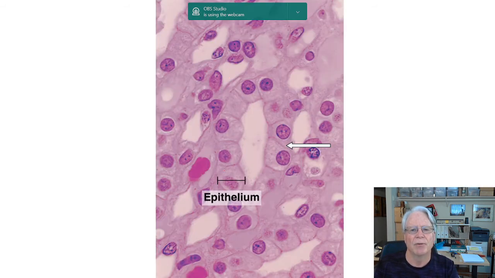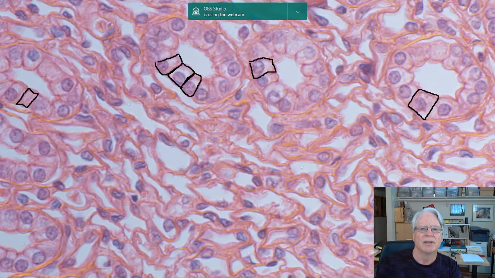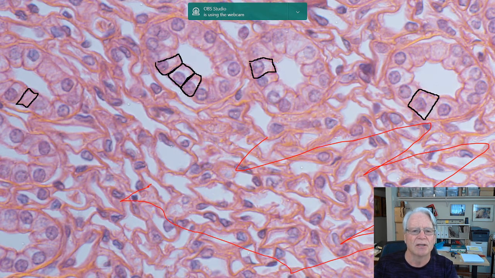So here we go. There it is, the epithelial cells. There is the connection between, or the wall between, I shouldn't say wall, but the membrane that separates one cell from another. And here I did a little bit better job in drawing these black lines this time. Again, cuboidal shaped cells. So all of this you don't have to worry about.